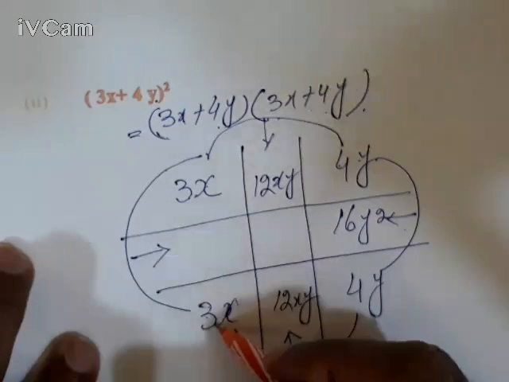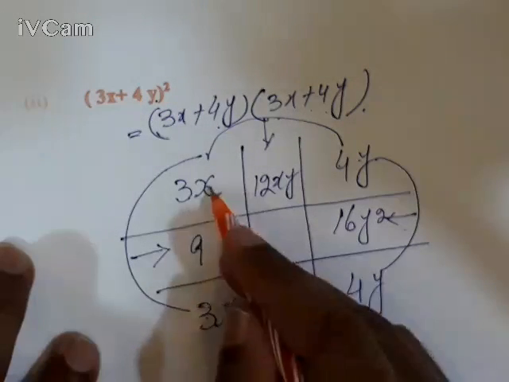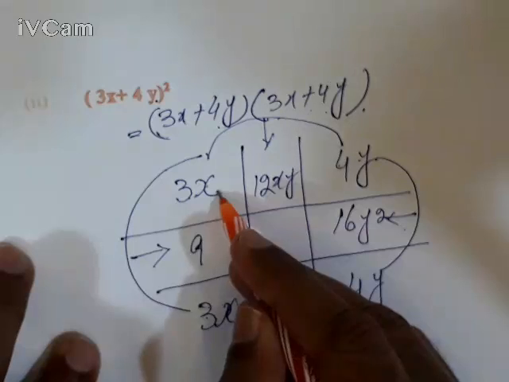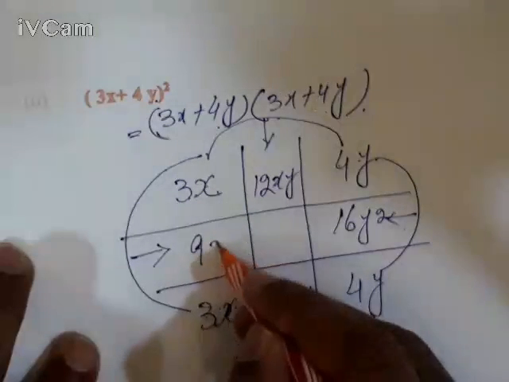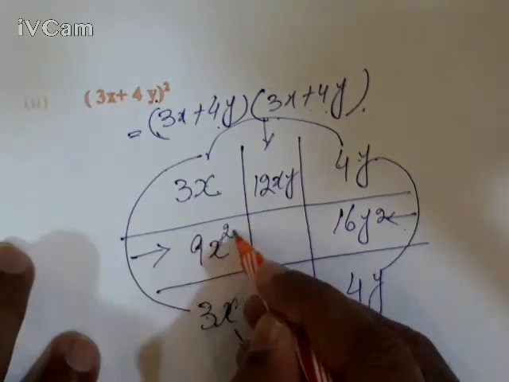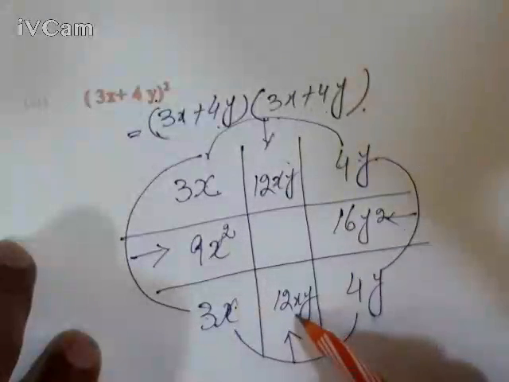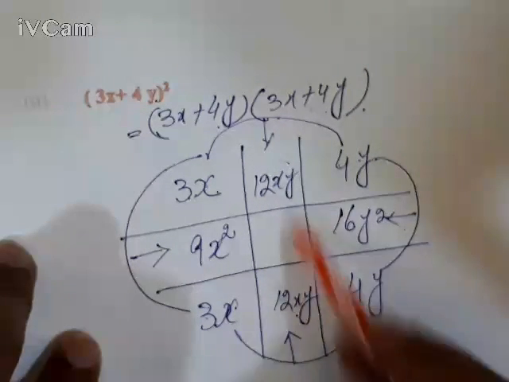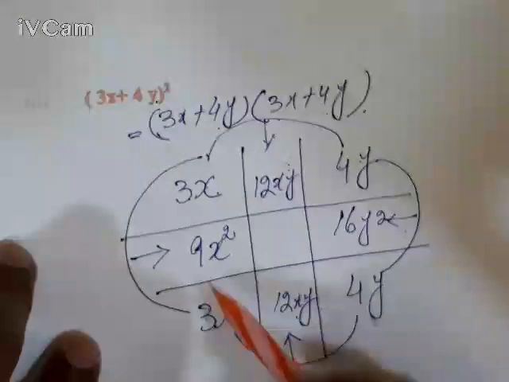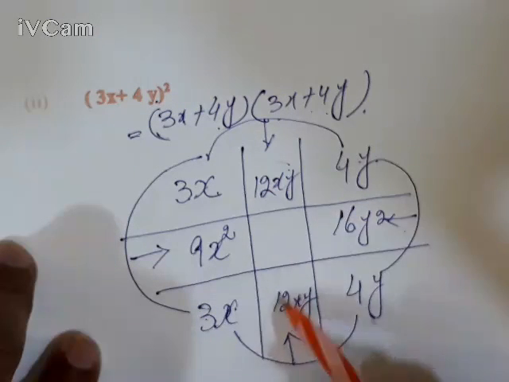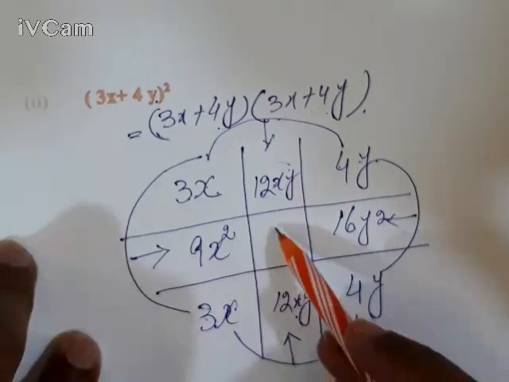So 3 times 3 is 9, and we know that when the bases are same, their powers are added, so it will be x square. Now lastly the inner two values, add these two values, not multiply. On the outer side you have to multiply, but the inner values you have to add and write here.